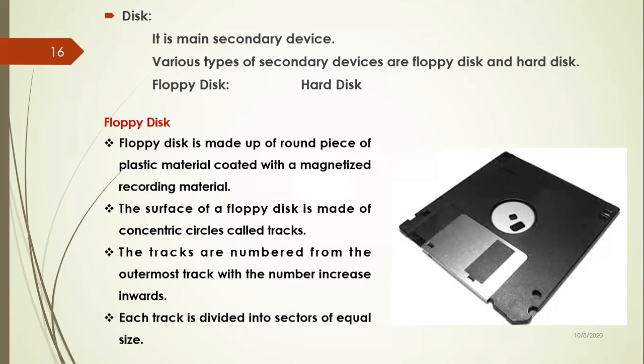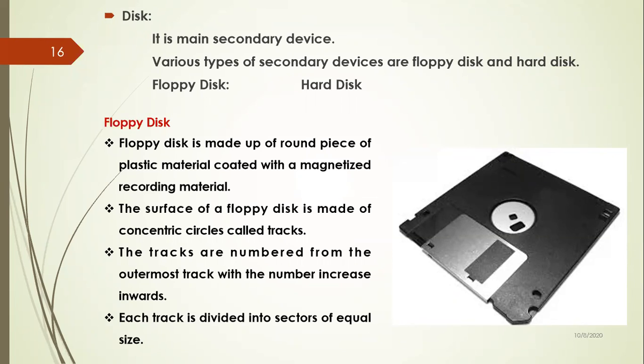The surface of the floppy disk is made up of concentric circles called tracks. That complete round piece is divided into concentric circles, and each circle is called a track. Each track is again divided into sectors, and inside those sectors we save the information.